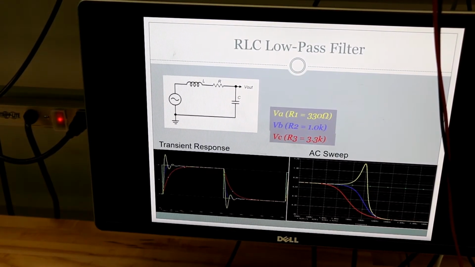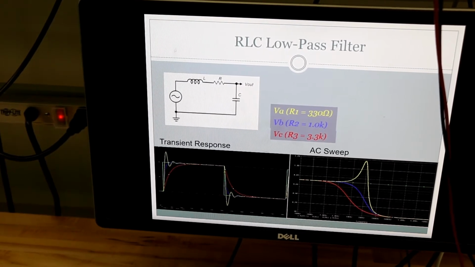So let's try the third circuit. For the overdamped, we have the 3.3 kilo ohms.